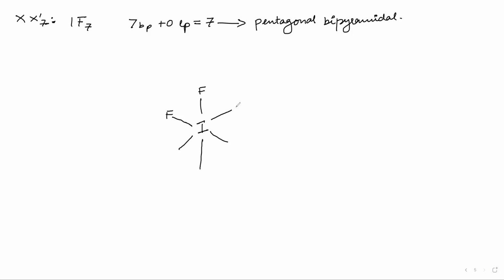Fluorine, fluorine, fluorine. Like this, 5 fluorines. So this is a pentagon, and then you can put one above it and one below it. 2 more fluorines like this. Fluorine, then the other fluorine. So this is pentagonal bipyramidal.